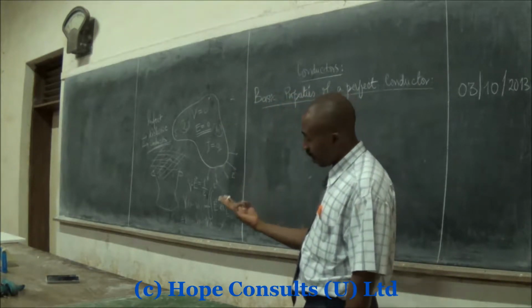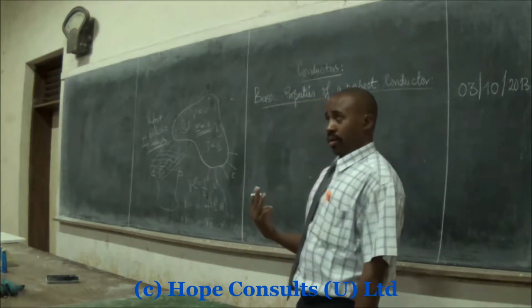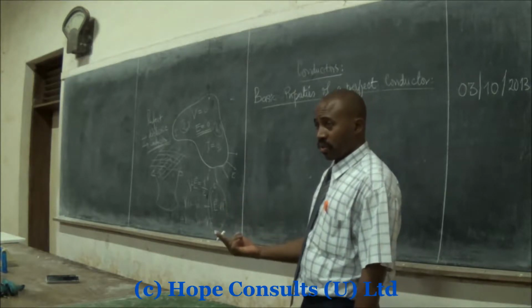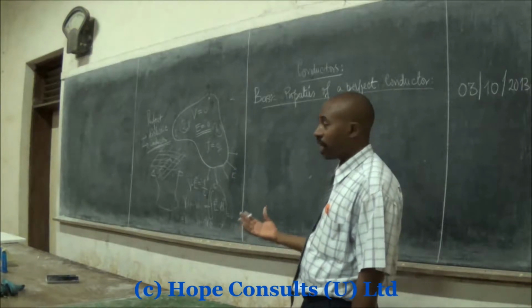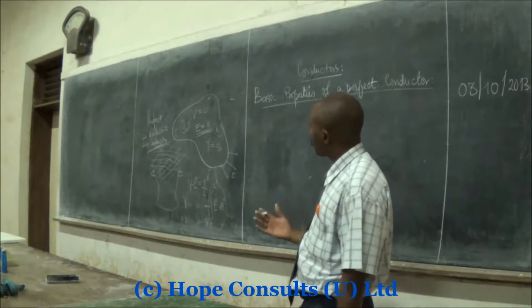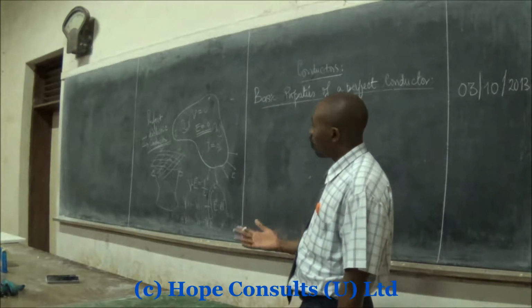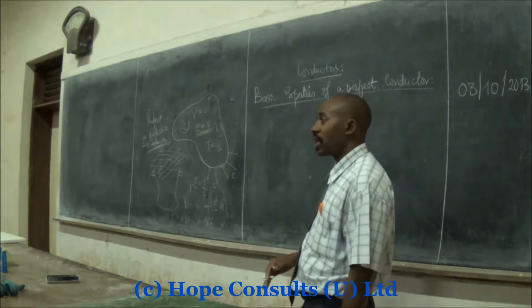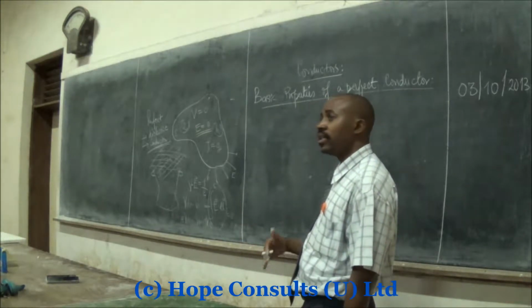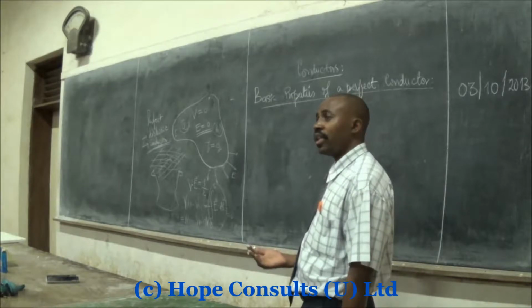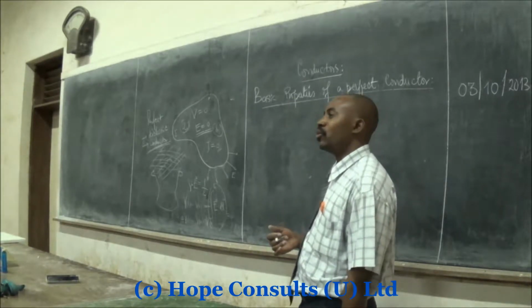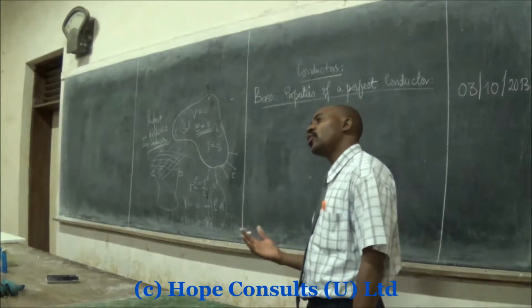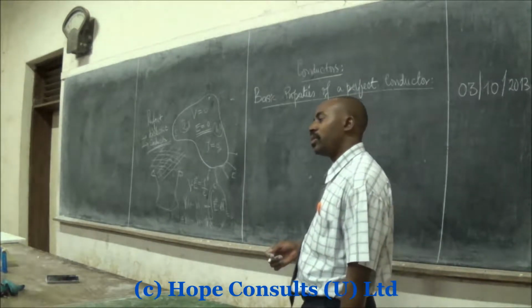Because we looked at Gauss's law, then Poisson's equation, Laplace's equation, and finally now we can look at the conductors. Once we have known all this, we shall look at the work done, and then the energy density, and then from there we shall go to the special techniques which we can use to solve simple potential problems.